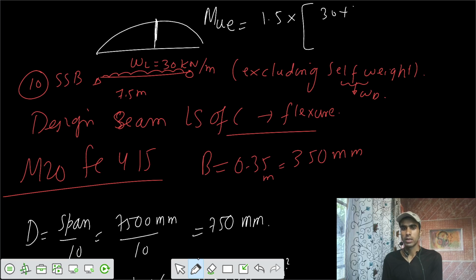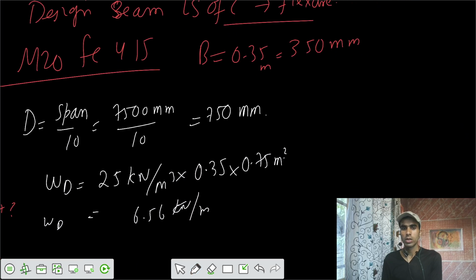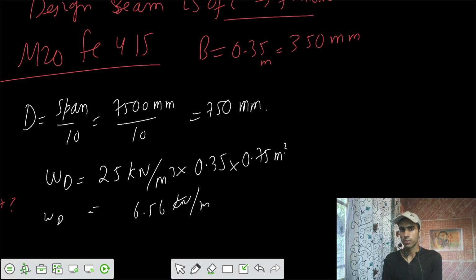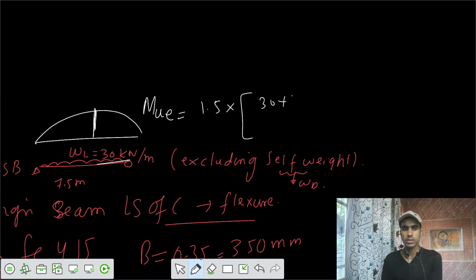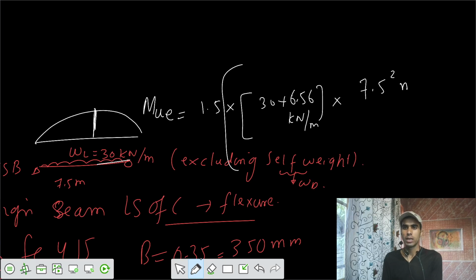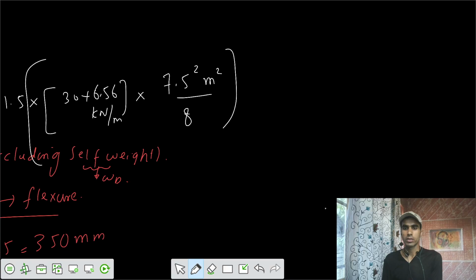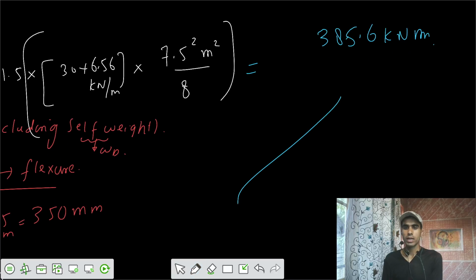The total w is because of dead load and live load: 30 as live load plus 6.56 as dead load, kilonewton per meter, into length square by 8. This is your external factored bending moment applied on the cross section, which equals 385.6 kilonewton meters.